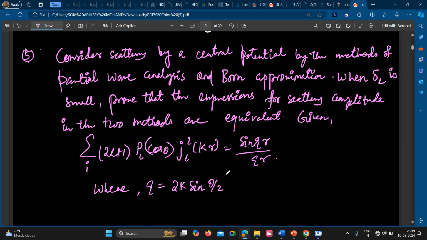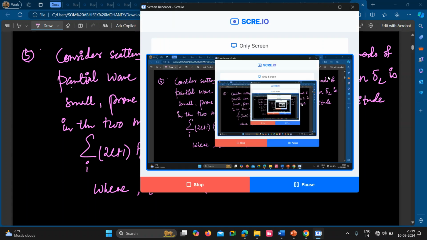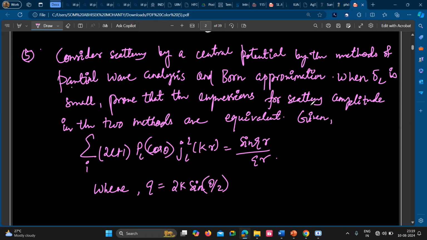Again, this is a long type of question, but we have to do it anyway. Consider scattering by a central potential by methods of partial wave analysis and first Born approximation. When delta L is small, prove that the expressions for scattering amplitude in the two methods are equivalent.